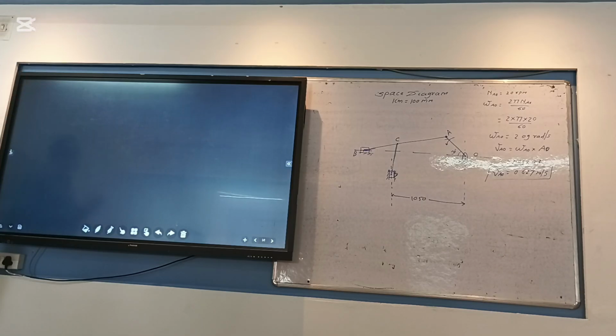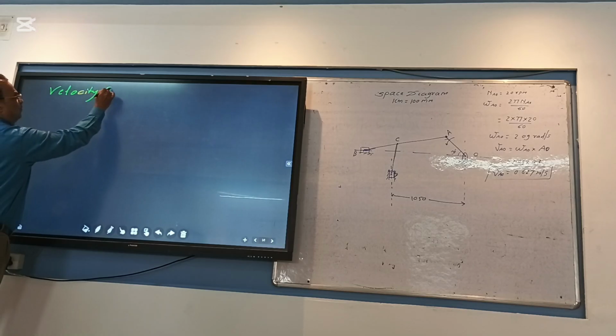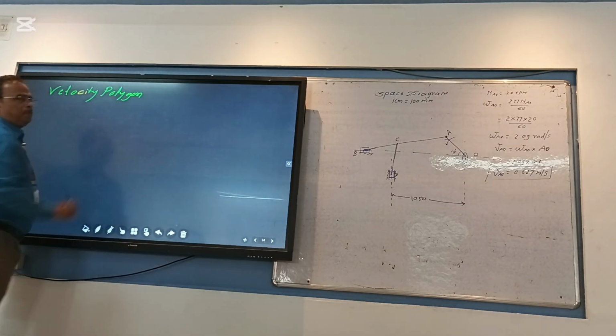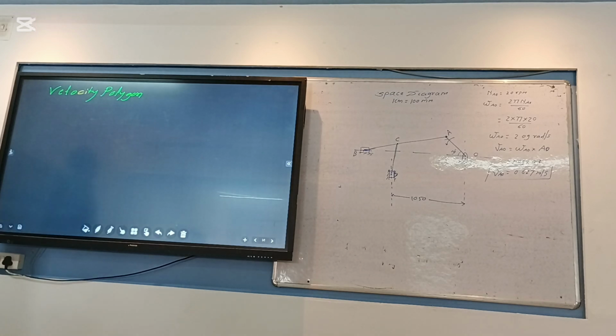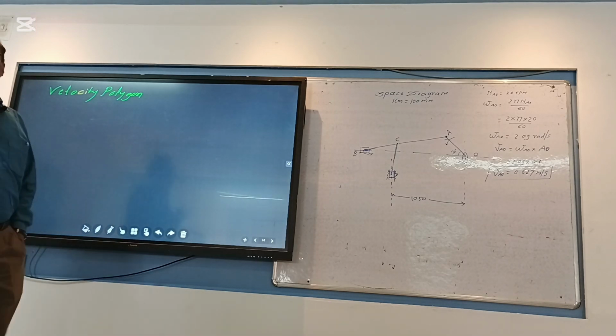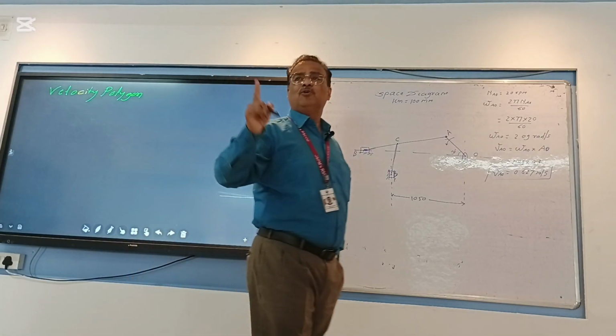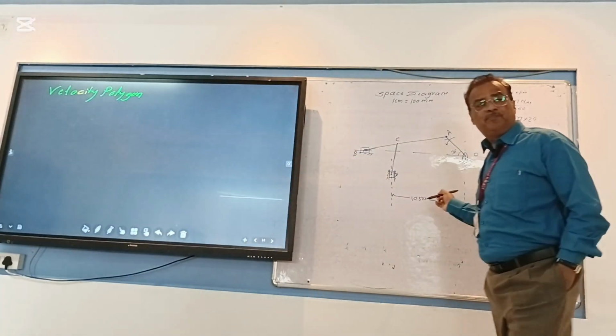Shall I move ahead? So to begin with velocity polygon, I will write here velocity polygon. I have to take the scale. Why to take scale? I have already explained that. Scale क्यों लेना है velocity polygon के लिए? Because the magnitude is in meter per second.